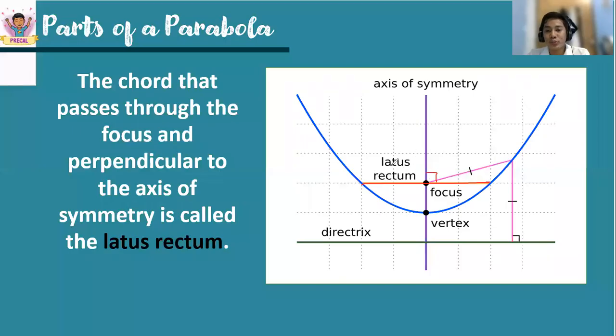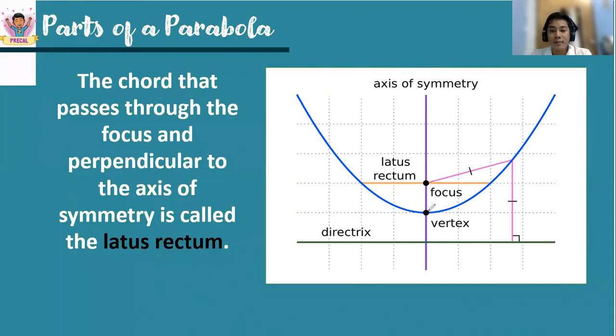The latus rectum is a special distance, which is what we know as 4c. Again, the latus rectum is a distance, and in algebra, it is represented by 4c. So what is the c distance?